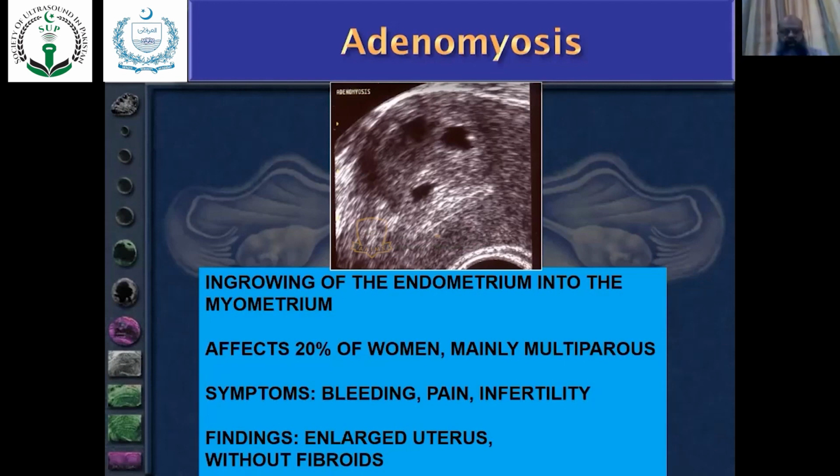It affects 20% of women, mainly multiparous. Symptoms will be bleeding, pain, infertility. Usually the pain increases during menstruation. Findings are enlarged uterus without any fibroid.